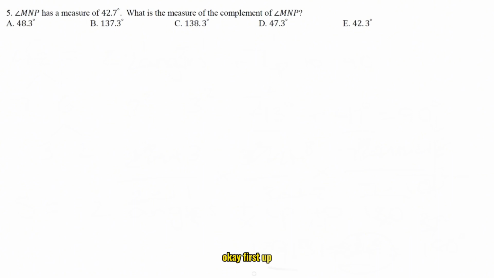Okay, first up, angle MNP has a measure of 42.7 degrees. What is the measure of the complement of the angle MNP? Alright, so we're given 42.7 degrees, and we're trying to find the complement.